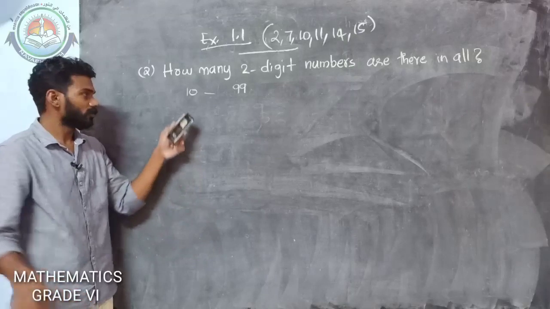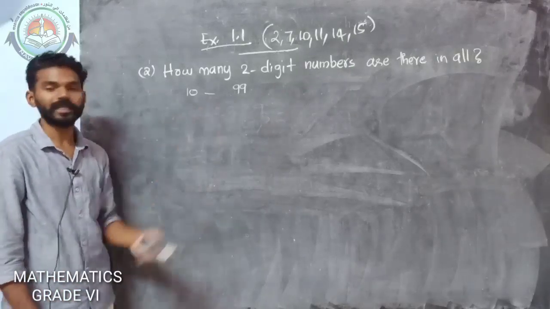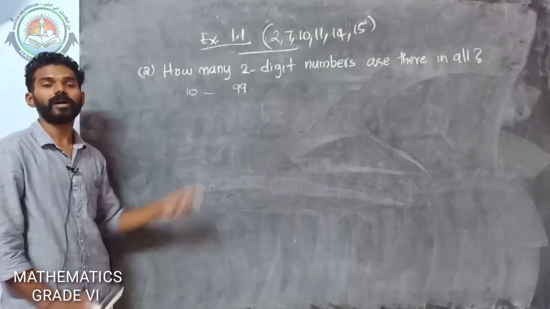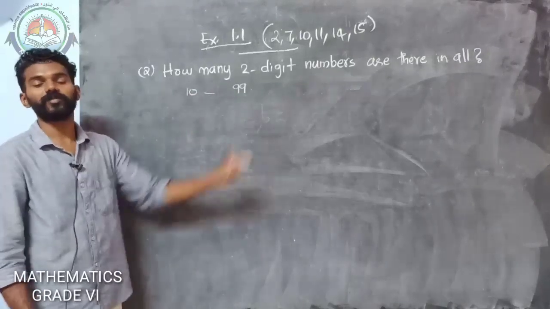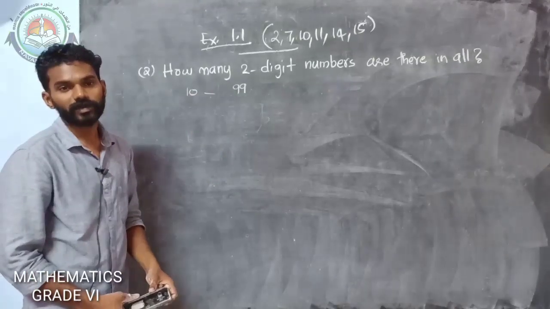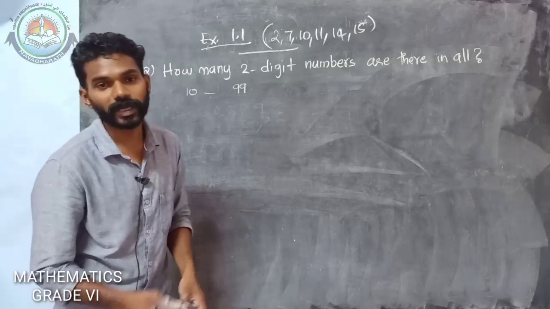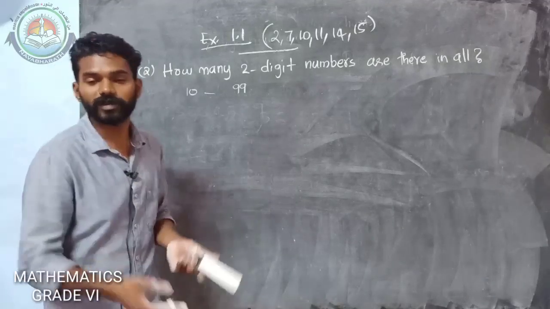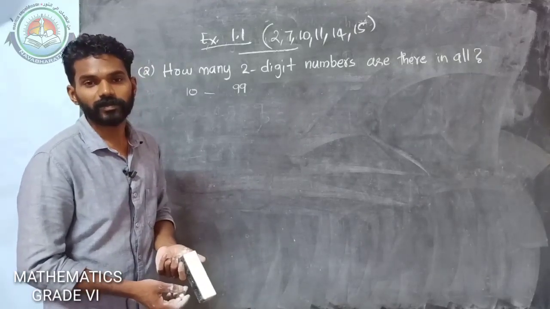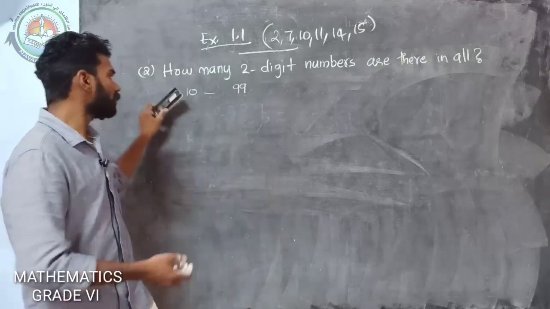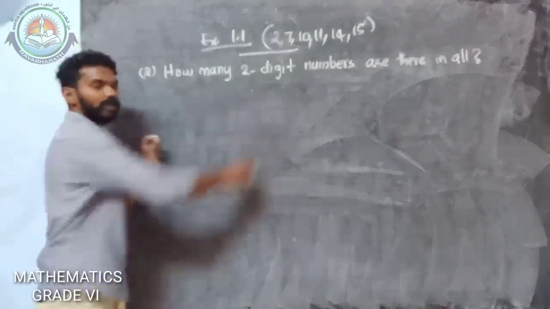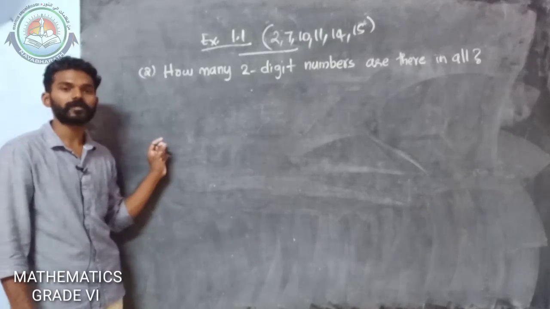So from 10 to 99, you should count how many numbers there are. And it would take a lot of time to count from 10 to 99. So we are doing this problem by using certain tricks.